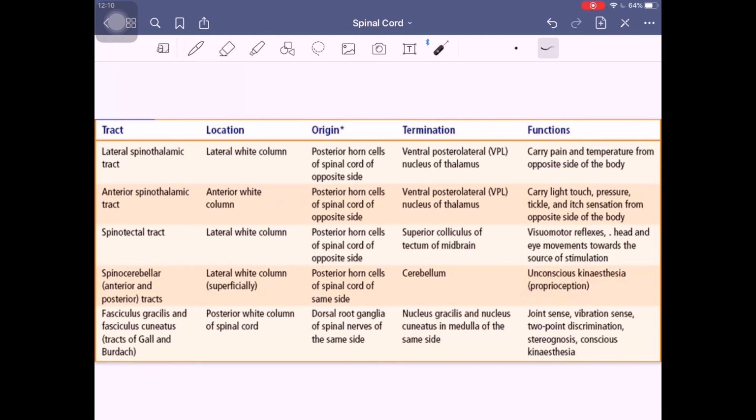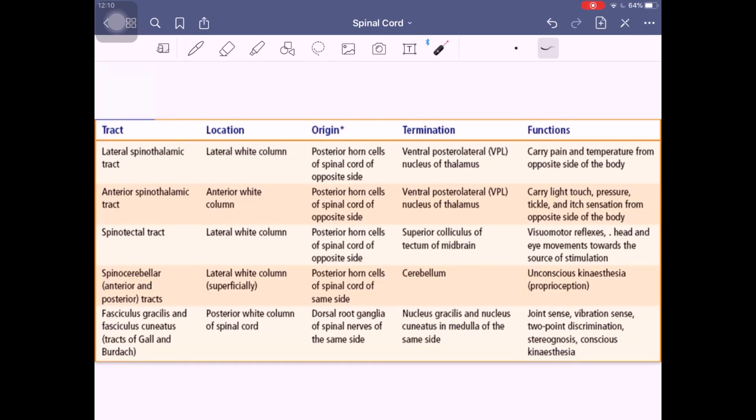Spinocerebellar also we have seen, unconscious proprioception from your lower trunk, upper trunk and all. And fasciculus gracilis and cuneatus with joint sense, conscious proprioception, two-point discrimination and all. And you see these two are ending in your thalamus, whereas your spinotectal is ending in your tectum, which is present in your midbrain. So the superior colliculus of midbrain. Spinocerebellar here ending in cerebellum.